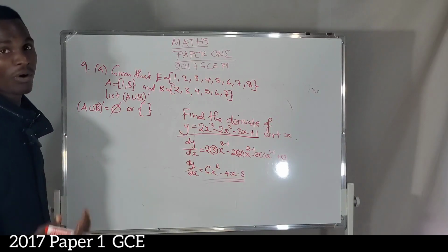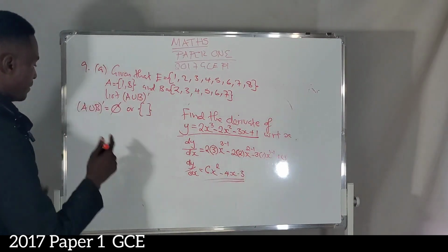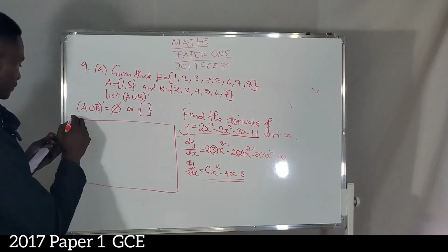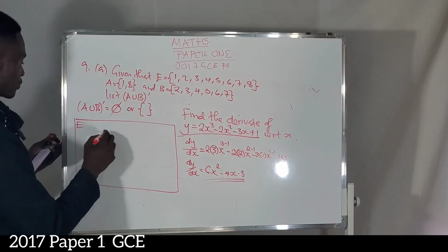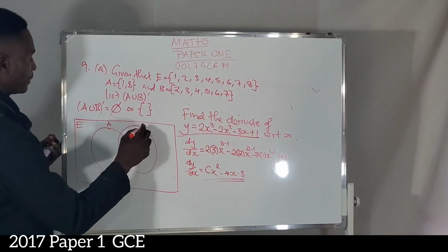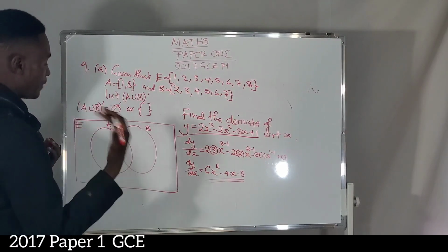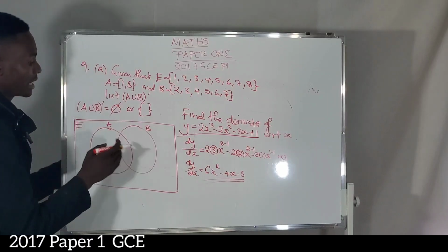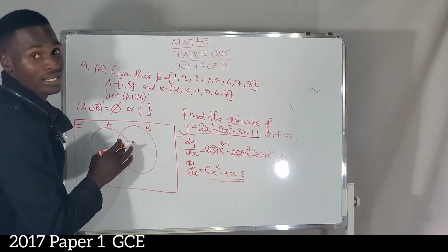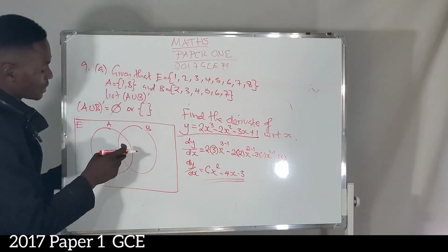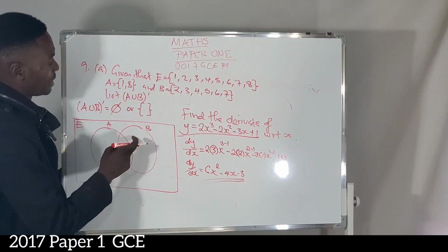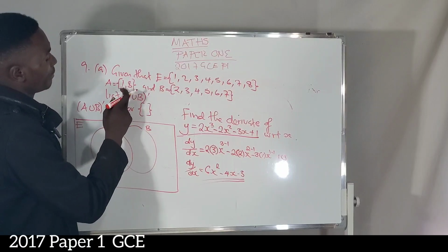Okay, if you want more illustration on this, let me show you. You have two sets, set A and set B. When it comes to writing information in the Venn diagram, you start with the intersection, what is in both A and B. Do we have anything in both?